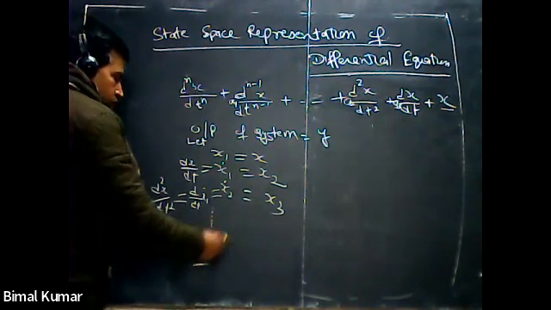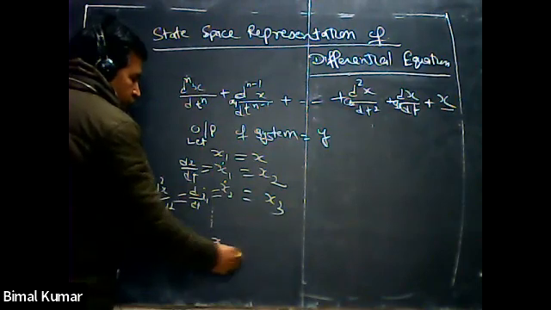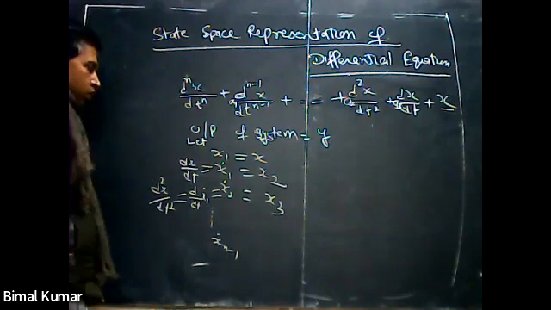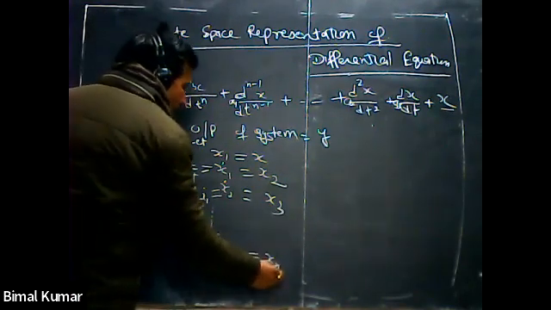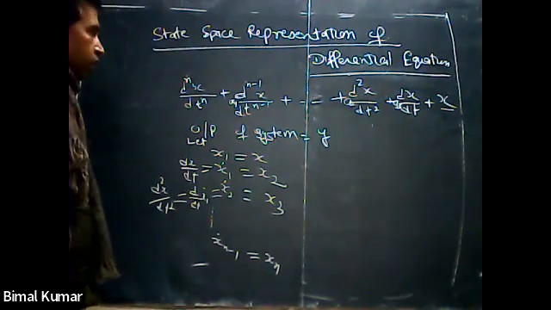Right? I may take the last terms as xn minus 1 dot equal to xn, right?